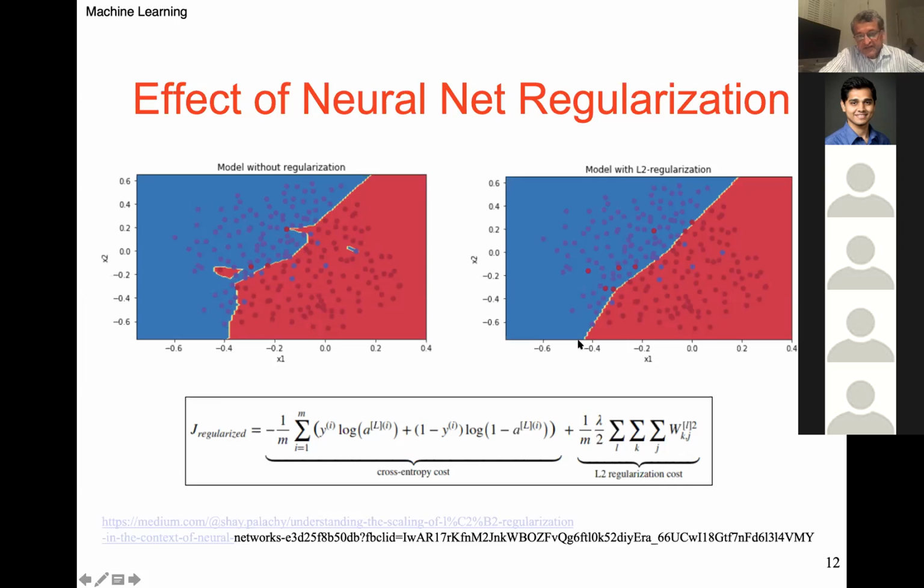Maybe the data got generated by two Gaussians, in which case, if they had the same covariance matrix, the boundary would be absolutely linear. This seems to be close to linear here, and that effect has been obtained by having a good regularizer built in. So that's the effect of the regularizer over an unregularized solution to the problem.